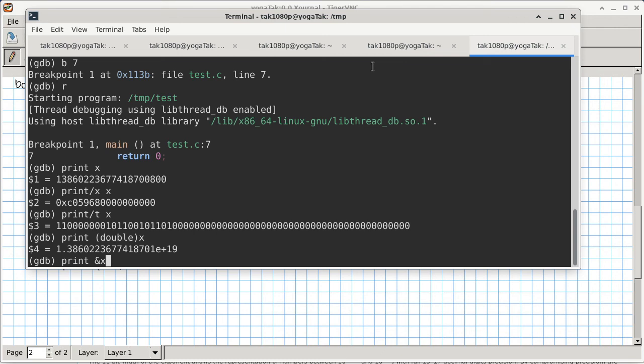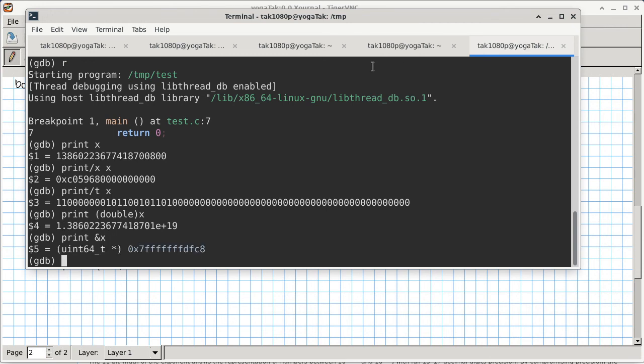I have to say that. Okay, this is the address of. If I press the enter key, it shows the location in memory, and this is the type of that value. We are looking at the address of a uint64_t. Sounds reasonable, right? Because X is, after all, a uint64_t, so this is the address of that.